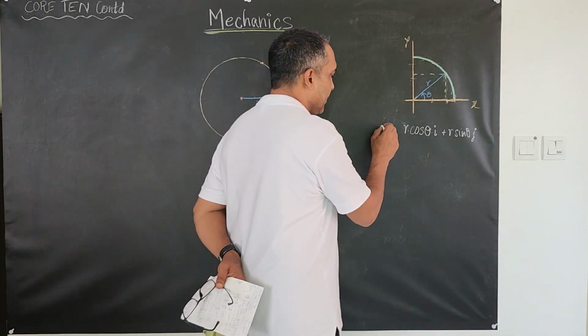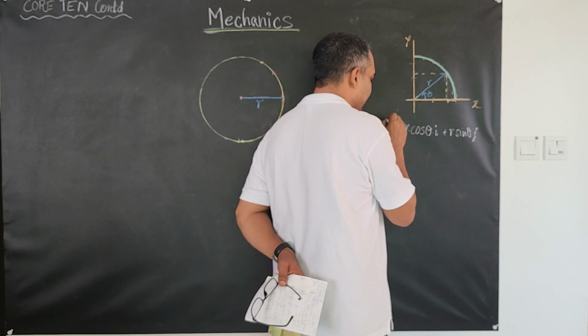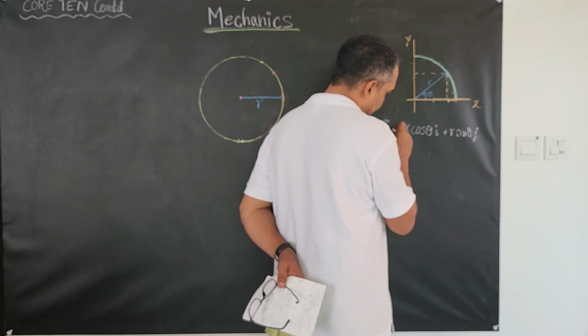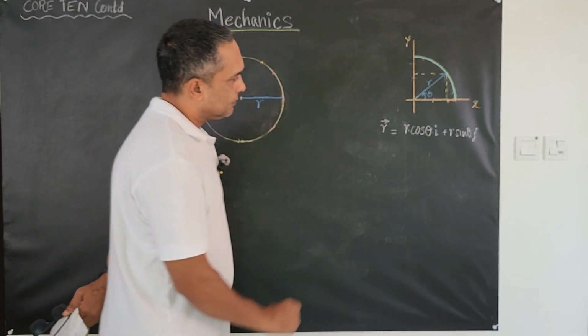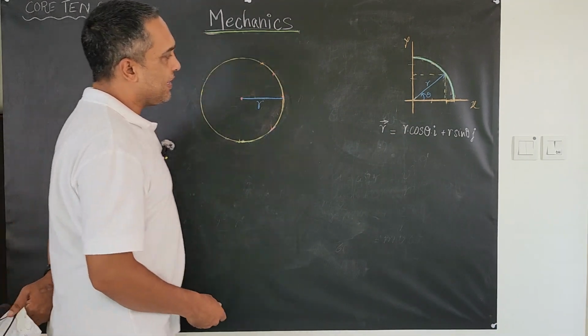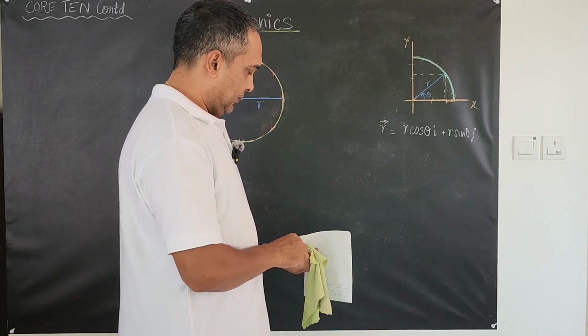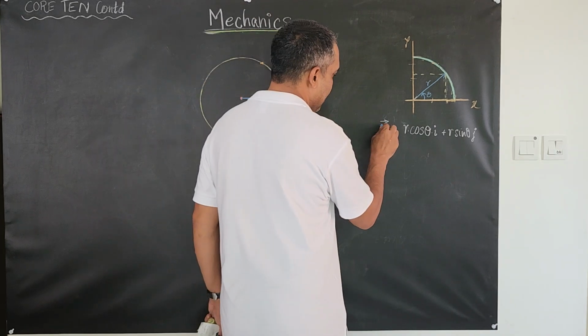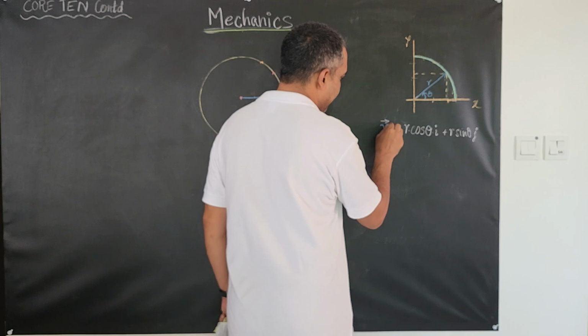This would be, let's say, the position vector. Should probably make it in blue, so it is relatable.